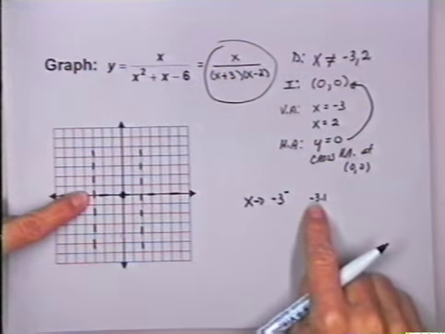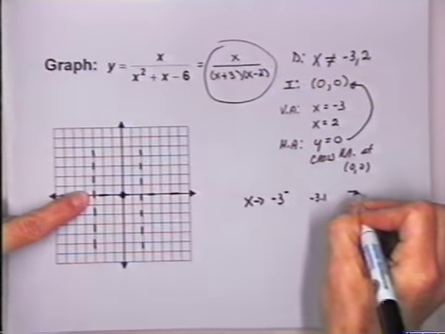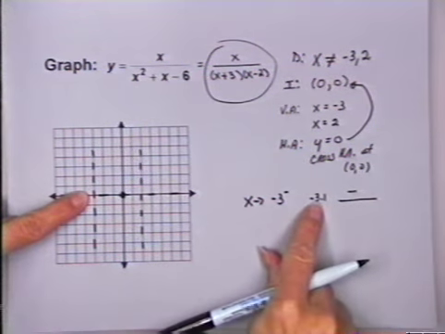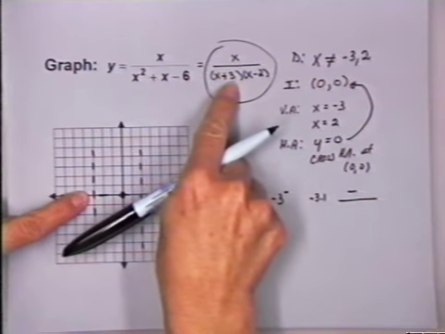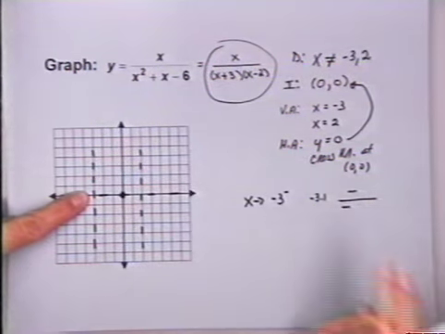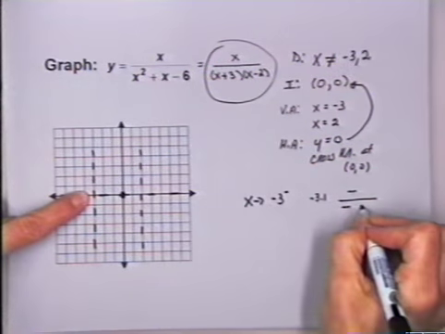If I put -3.1 in place of x in the numerator, my numerator will be negative. In the denominator, -3.1 plus 3 is negative, and in my second factor, -3.1 minus 2 is also negative.